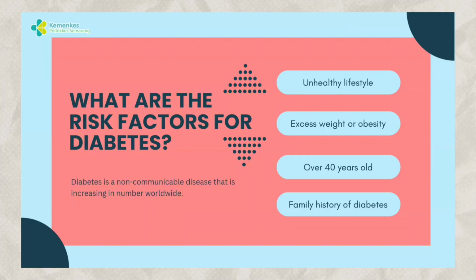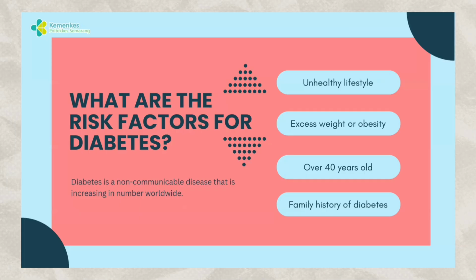Several factors that can increase a person's risk of developing diabetes include an unhealthy lifestyle, being overweight or obese, being over 40 years of age, and having a family history of diabetes. The more risk factors a person has, the greater their chance of developing diabetes.